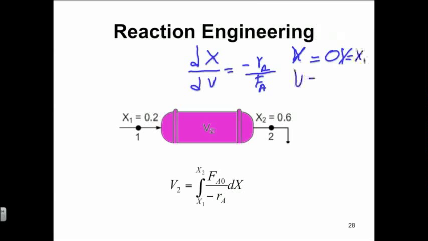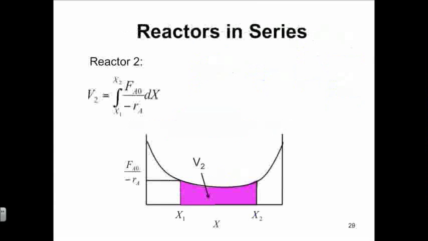When V equals the volume V2, then X equals X2. So we're going to be integrating from point 1 to point 2, that is, integrating from X1 to X2 of Fa0 over minus Ra. On a Levenspiel plot, it looks something like this. It would be the area under the curve between X1 and X2 to give us our reactor volume V2.